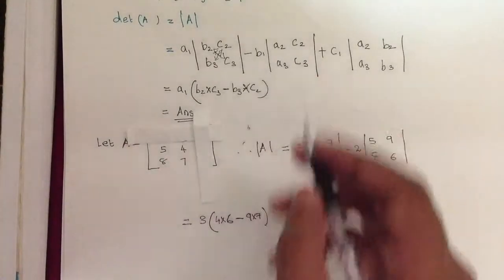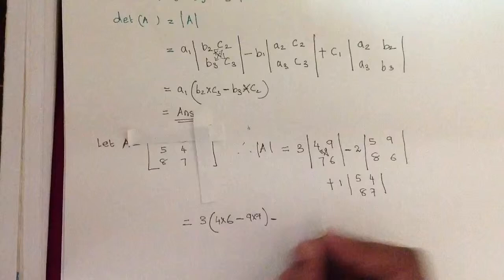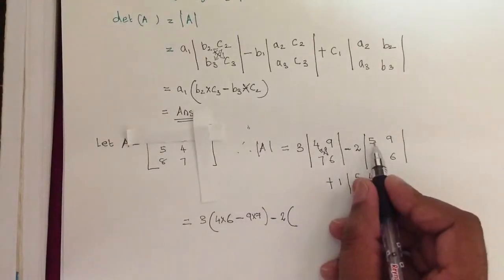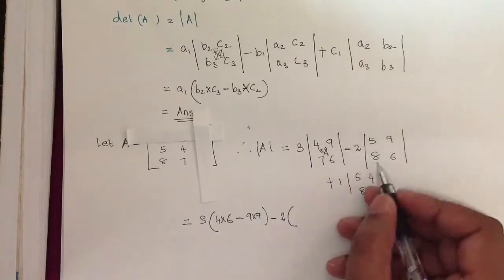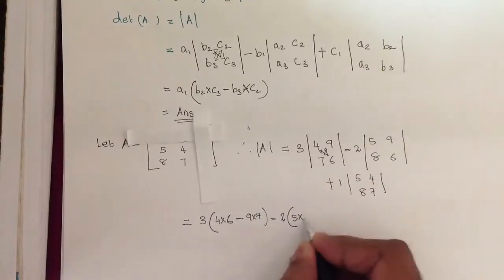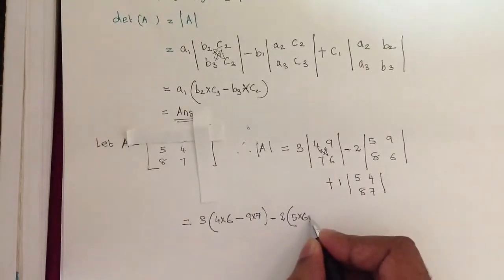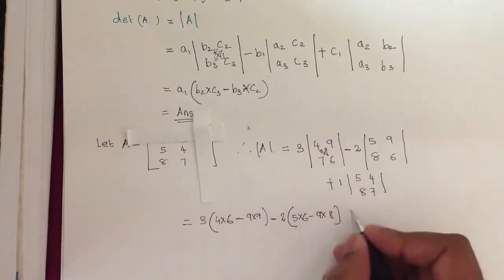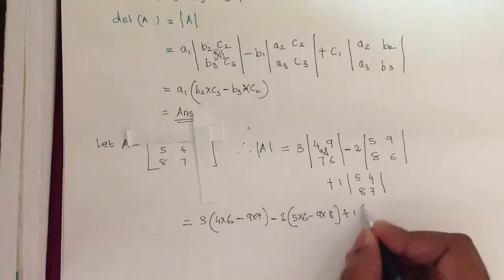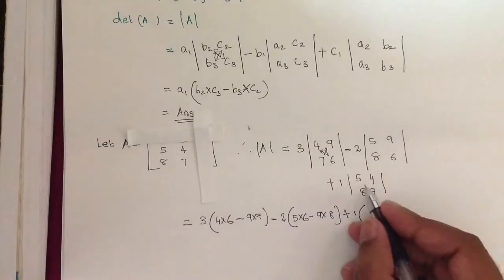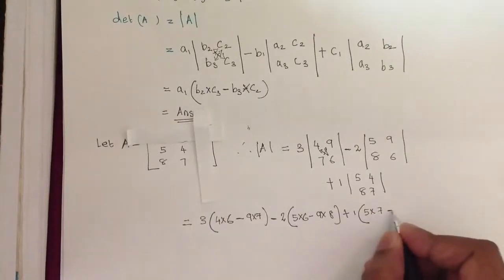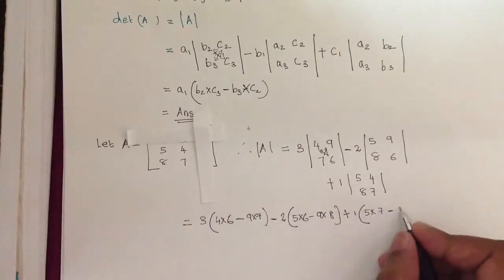Similarly, the next sign will be minus, and the value is 2 times the diagonal multiplication: 5 into 6 minus 9 into 8. The next sign is plus. The value is 1 times 5 into 7 minus 8 into 4.